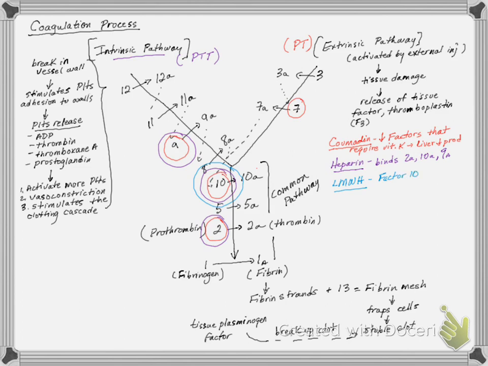Because it only works on one factor, we don't have to do all the lab work that we have to do with heparin and Coumadin, because as you see, heparin and Coumadin work on many factors. So you never know, it works on so many that it can drastically increase or drastically decrease. Whereas with low molecular weight heparin or enoxaparin, it only works on one, so it can be very predictable. So we don't have to do lab work for that one.